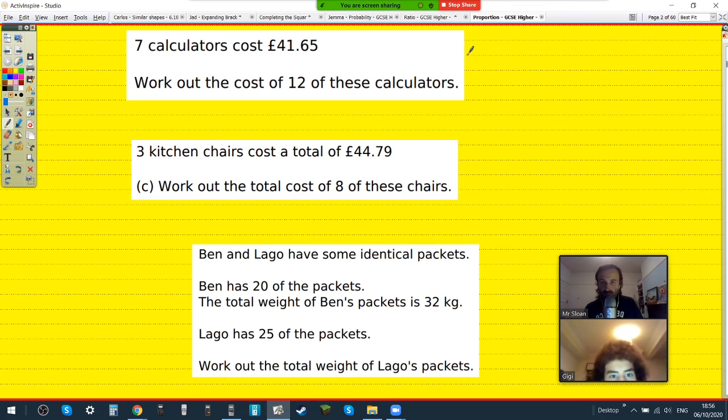Yeah. How much would one calculator cost? Oh, 10 and then right. Oh, you find out how much one calculator costs. Right. I'm sorry, I was a bit lost there.